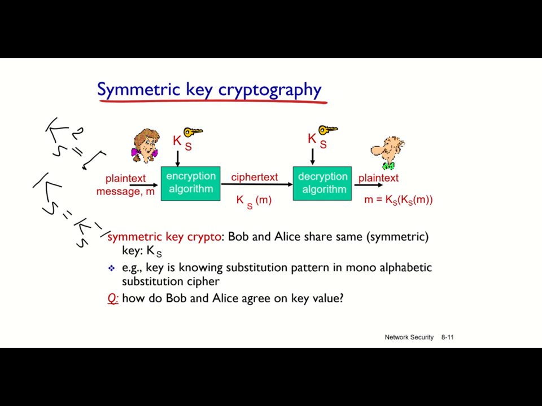But in this case, Bob and Alice have to agree on the key value, and usually they do it on another connection, which is 100% secure, because if they want to agree on the key value on the same connection that they want to encrypt, then the intruder can find out the key before you secure the connection. So it's better to agree on the key value on a different connection that is already secured and encrypted.